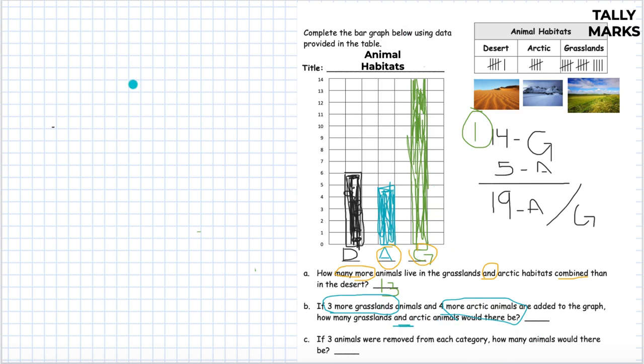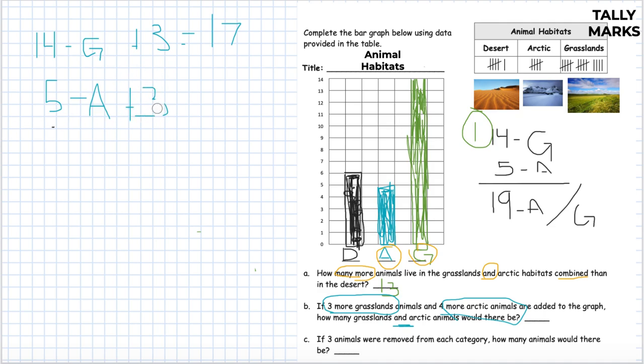So I know that there are 14 grassland animals, and there are 5 Arctic animals. So if I take 3 and I add it to 14, that's going to give me 17. And if I add 3, nope, we're not adding 3.